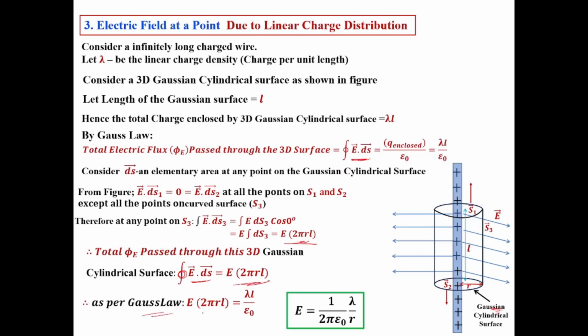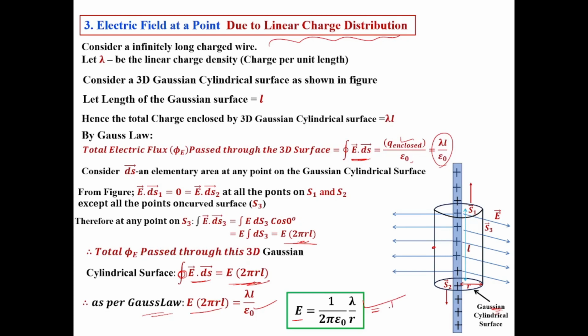As per Gauss law, this E into 2 pi r L will be equal to the charge enclosed by epsilon 0, which we found as lambda L by epsilon 0. Finally, we found the electric field intensity at any point from this linear charge distribution will be 1 by 2 epsilon 0 into lambda by r.